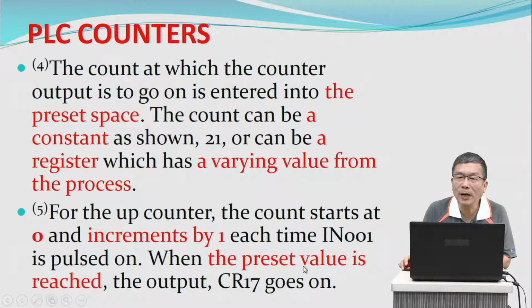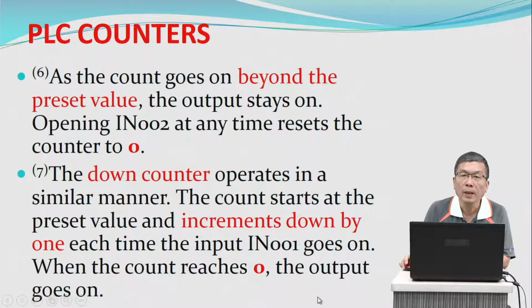When the preset value is reached, the output control relay 17 goes on. As the count goes on beyond the preset value, the output stays on. Opening IN2 at any time resets the counter to 0.